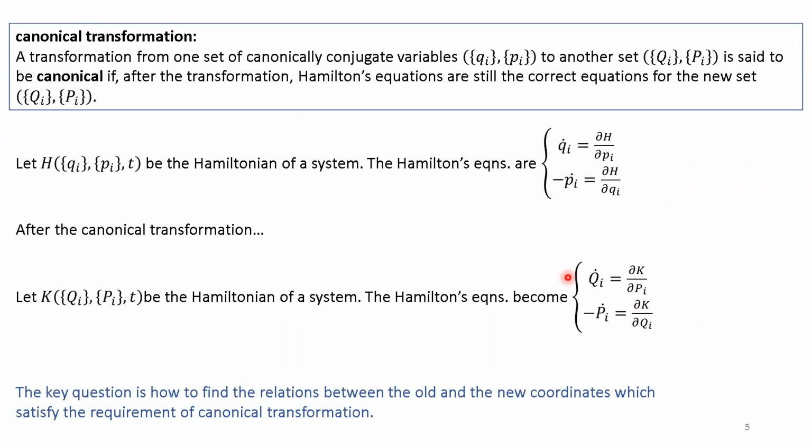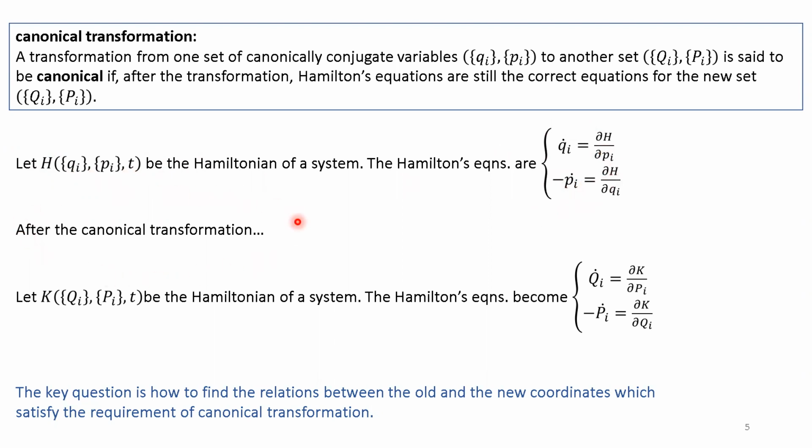So we are looking for a special kind of transformation such that after we do it, Hamilton's equations still take the same form. This kind of transformation is known as the canonical transformation. Originally we start with this set of coordinates q_i and p_i, and these are Hamilton's equations.